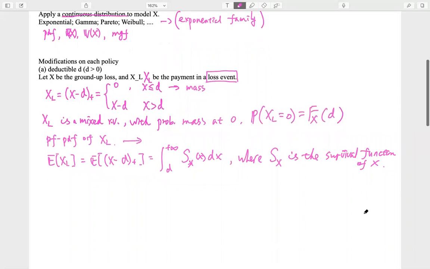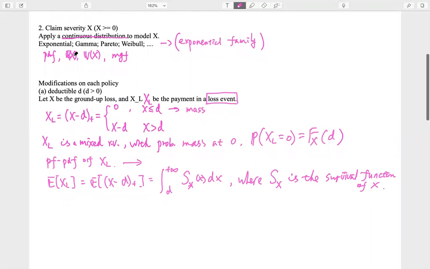This is a useful formula because for many of the distributions we have, in particular, exponential and Pareto, the survival function is in a nice form, right? You can easily integrate to actually calculate this integral. So that is the first modification.